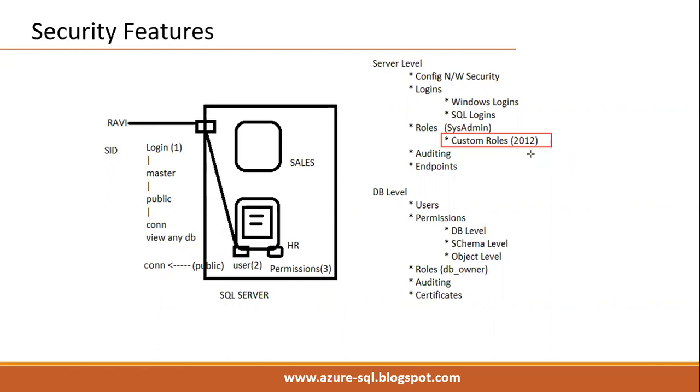Check here, there are some other options as part of server level security. Auditing is there. Auditing is basically capturing the information. Auditing is nothing but what? Capturing the information. Which user has worked with which command, who has worked with the delete command, who has worked with the truncate command.